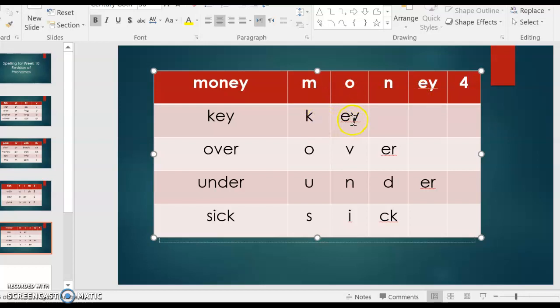K, E. So I counted 2. Key. Over. Over altogether. Break it down. O, V, E.